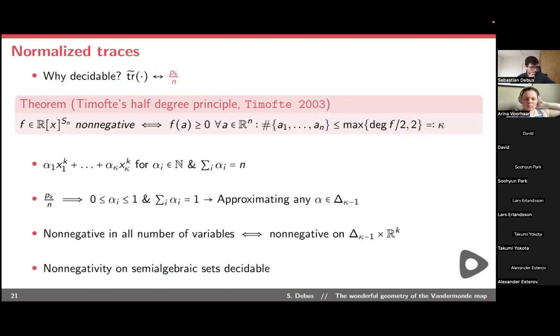So just one more thing I want to mention. There's a paper by Jose Acevedo and Blekherman, and in their setting, they consider normalized symmetric polynomials. And for this, they have to understand the image of the normalized Vandermonde map at infinity.